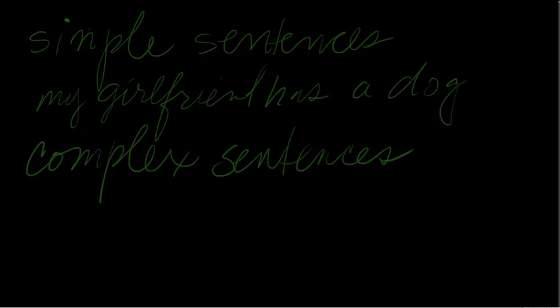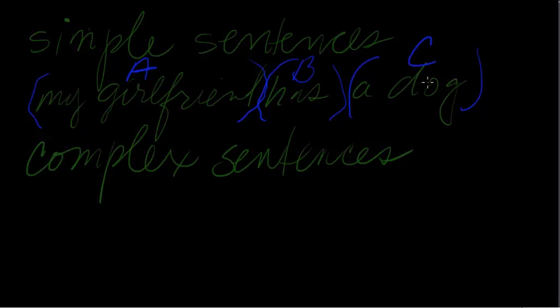So basically, you have this first part, which is my girlfriend. So for concept one, building block A, let's just say, my girlfriend. And then has is the next building block, right? The action, the verb.